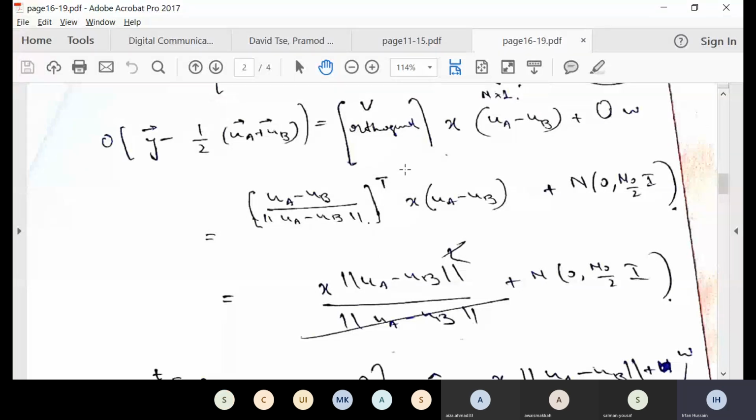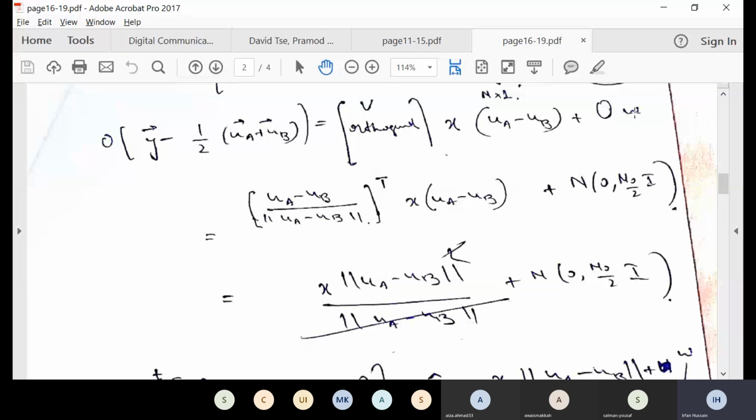Now when this goes with W, you know this is n cross n and this is n cross 1, so you get an n cross 1 matrix. But you can see that W is a Gaussian vector, and this is an orthogonal transformation, so the result will not change.